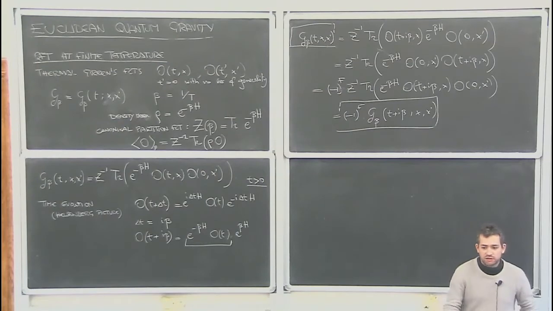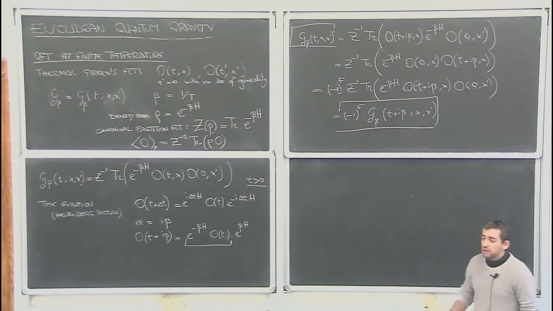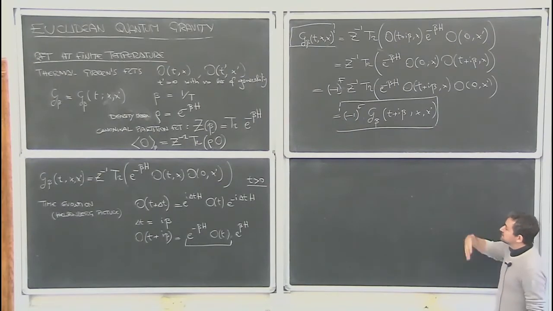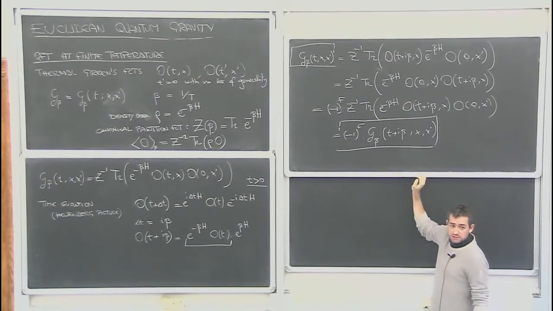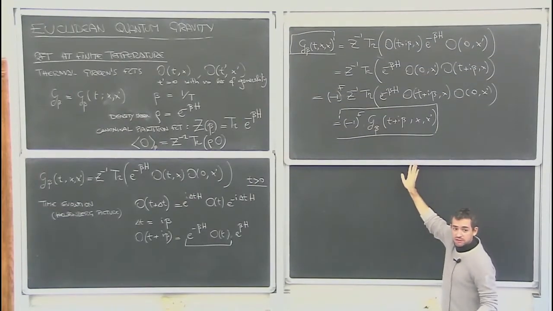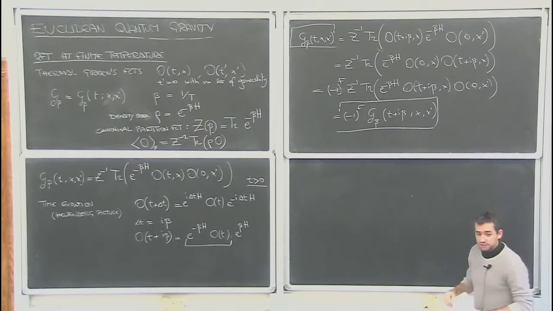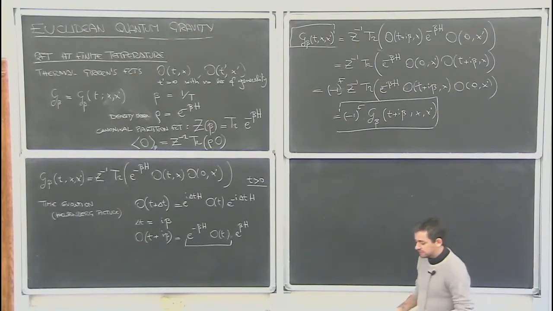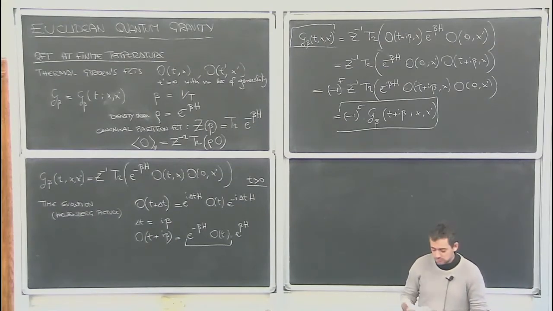I can evaluate my Green's function at any time, and nothing changes. So I use this extra direction to implement the temperature in this way, by imposing periodicity in imaginary time. But it comes from these considerations. Does this clarify the question?